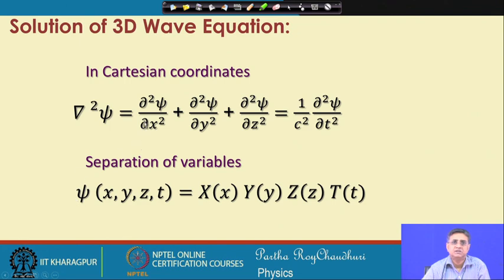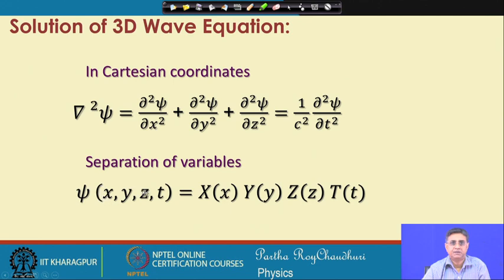So, expressing this psi, which is a function of x, y, z and t, we can write psi of x, y, z and t as X of x, Y of y, Z of z and T of t, because these are the four independent variables associated with this equation.